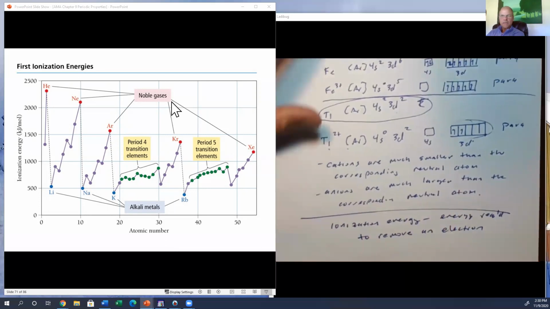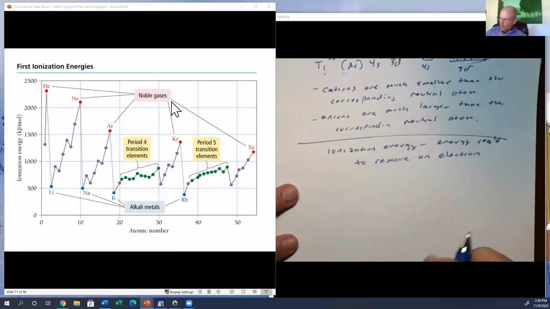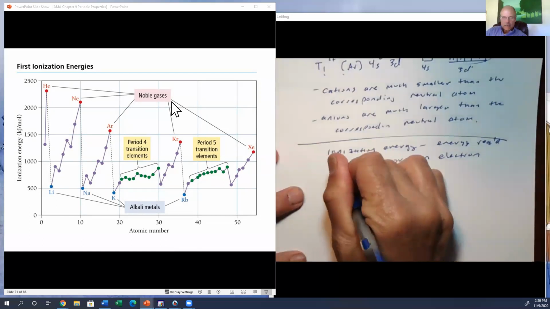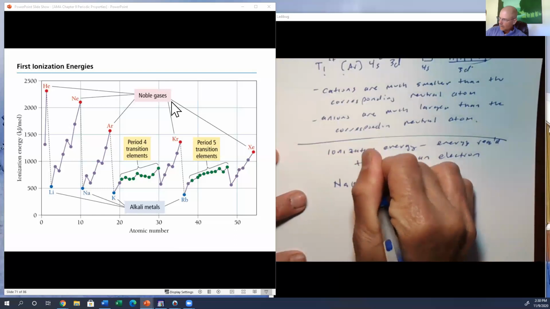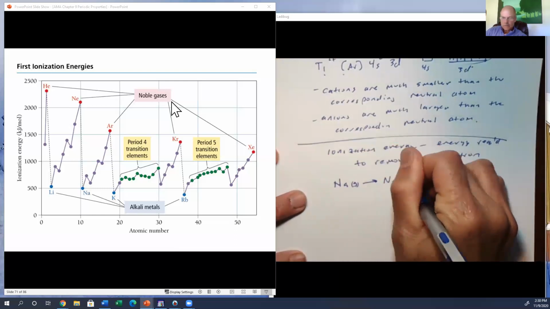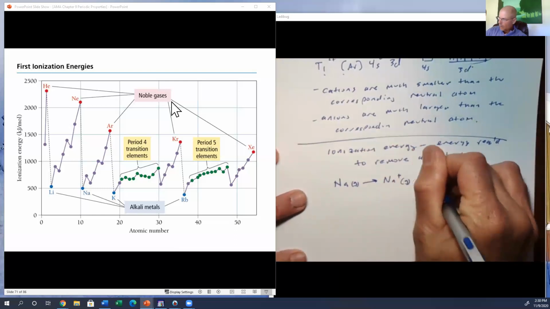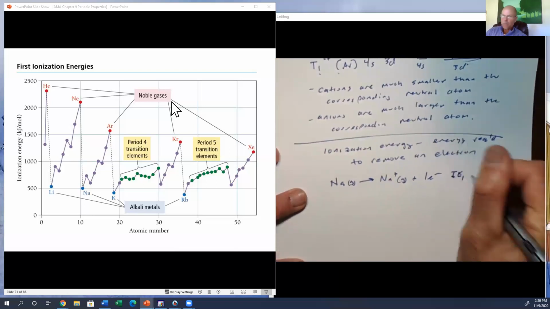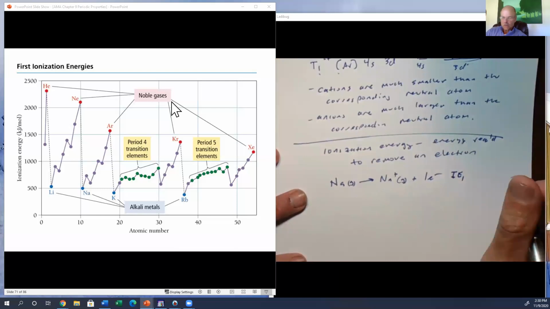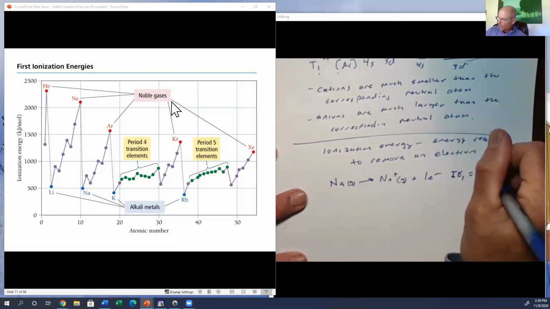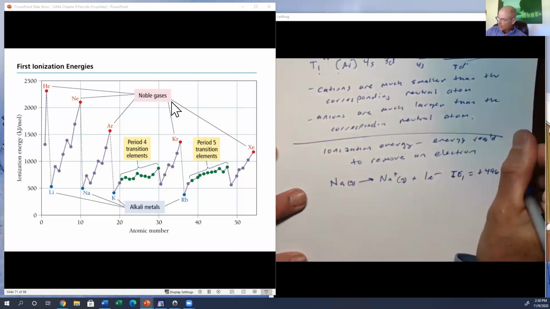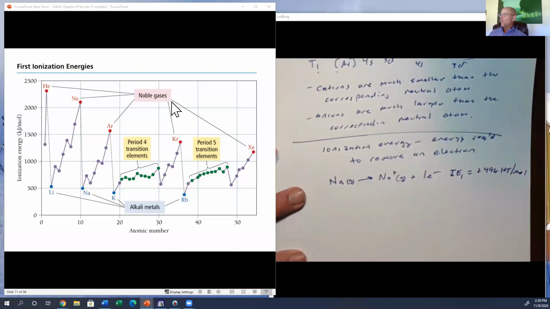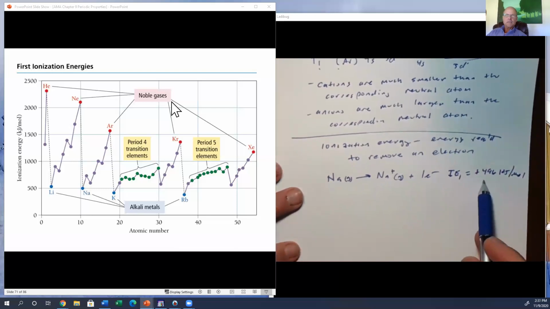For example, we can write an equation like this: Na gas goes to Na plus gas plus 1 electron, and the ionization energy, and we put a 1 there to indicate the first ionization energy, is equal to plus 496 kilojoules per mole. What does it tell you that it's plus? Is this process endothermic or exothermic?